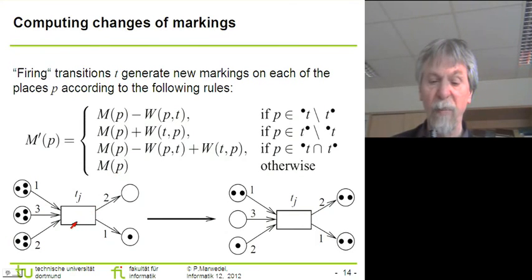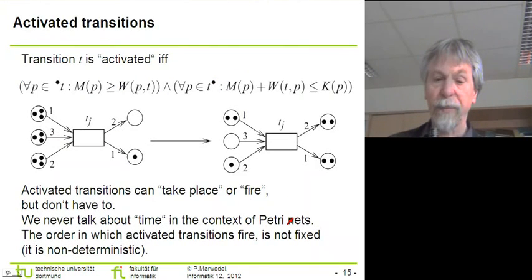So as an example, we see down here how such a transition Tj will change the number of tokens.